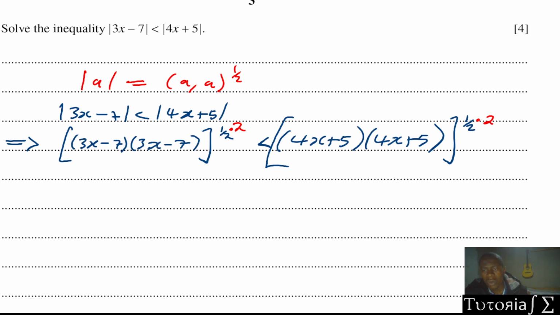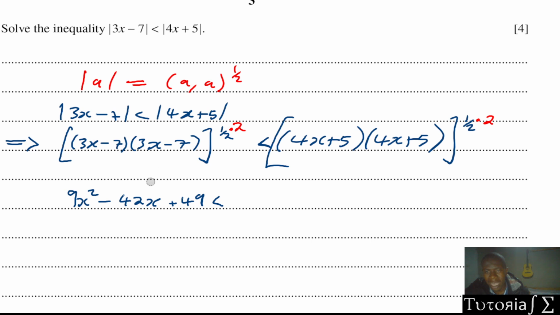If we expand and simplify what is inside here, what we're going to basically have is 9x squared minus 42x plus 49. Then this will be the less than.